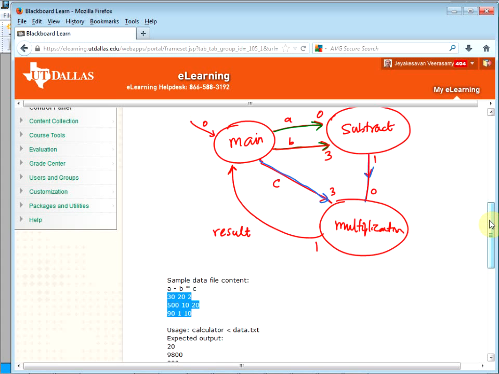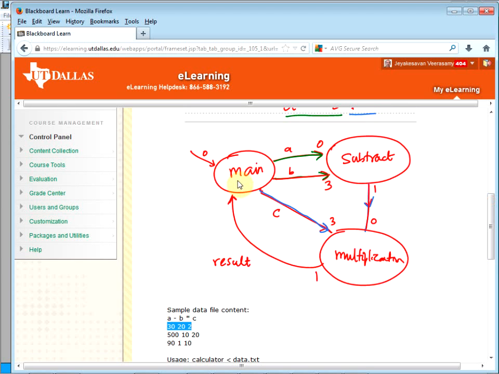So this is how you really make a very simple problem as complicated as possible. Instead of computing directly 30 minus 20 into 2, you want to show our geekiness by creating multiple processes to send the data and process. So you can see main is the one in charge of reading and outputting to the screen and everything.